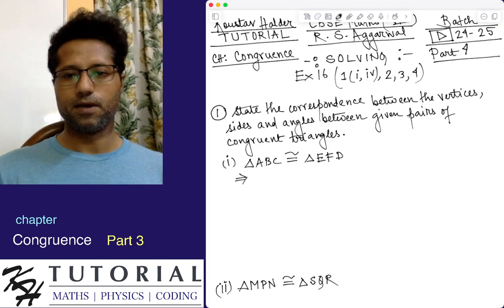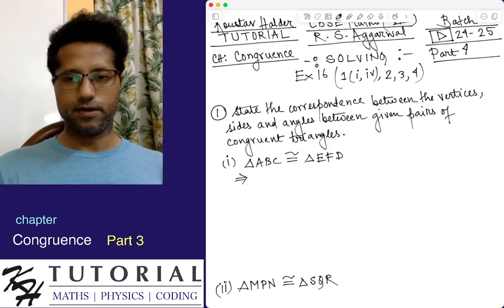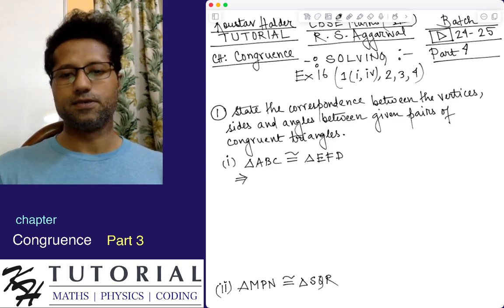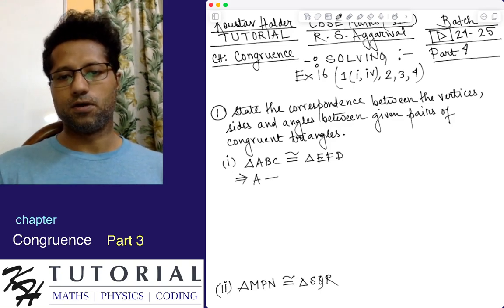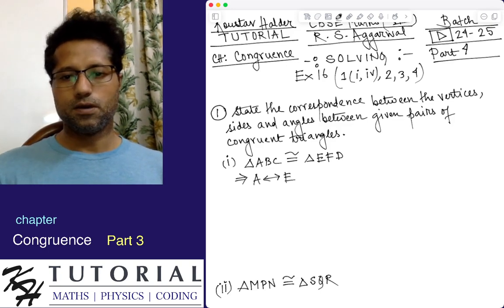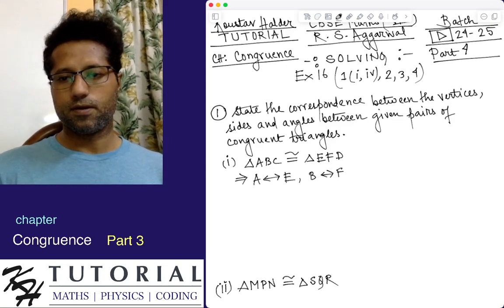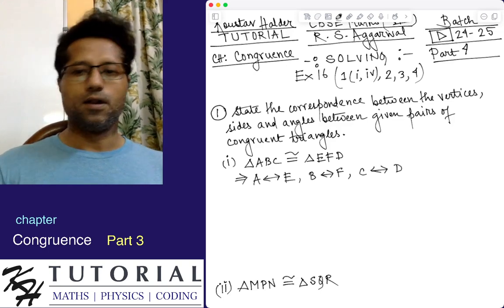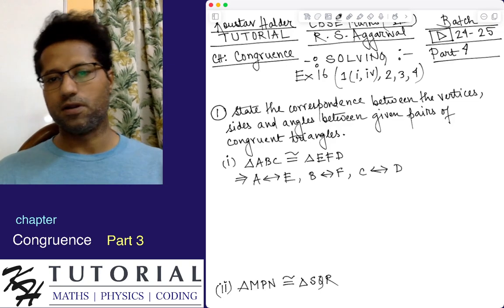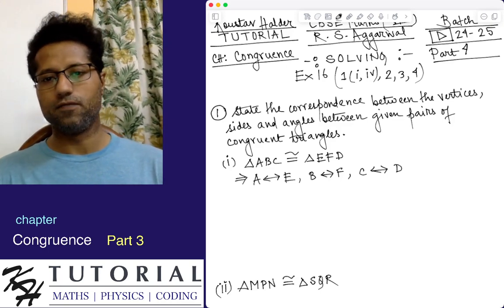Now we know that if this is given, this will imply the correspondence between the vertices, sides and angles. If we consider the vertices, the first letter of the first triangle is A, it will correspond to the first letter in the second triangle, that is E. Similarly, B will correspond to F and C will correspond to D. Now once you have the correspondence of the vertices between two triangles, the correspondence of the 3 sides of the 2 triangles automatically follows.